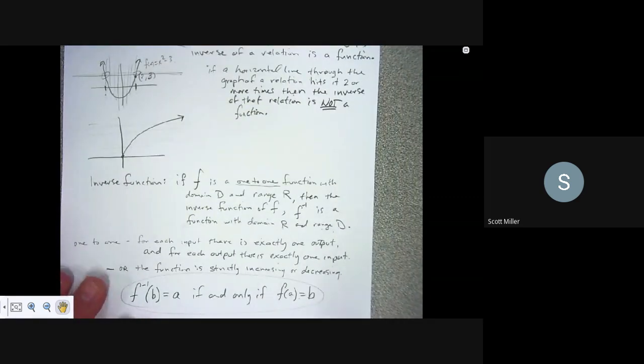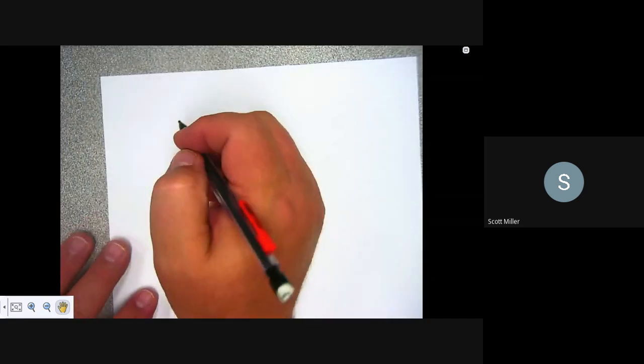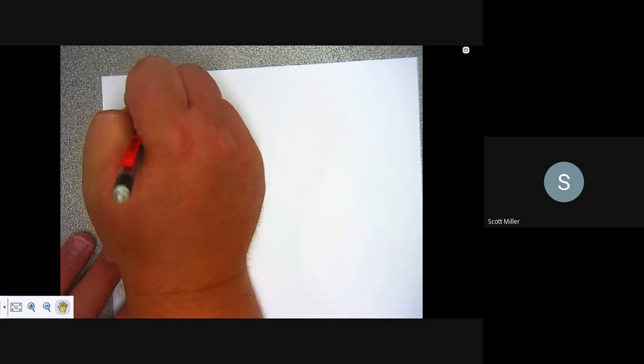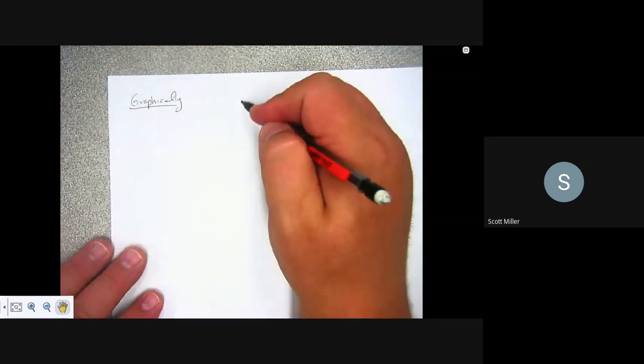Okay? Graphically, let's look and see what happens. How does all this play out? So I'm going to use an example to help illustrate this graphically. I usually use a visual like so.